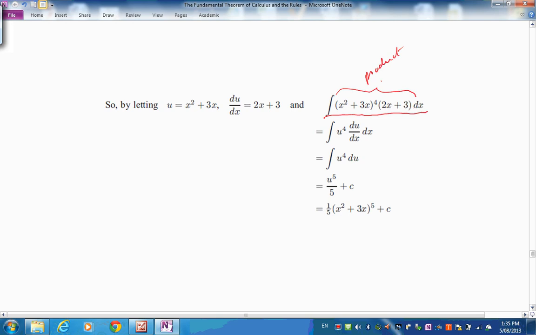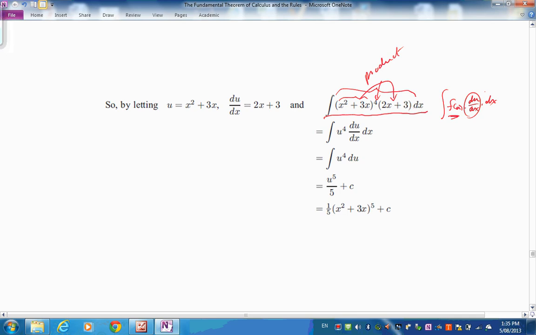Oh, but it's a function of function, isn't it? There's a function done on this little function, and what do you notice? This little function's derivative is there. So it is of the form, the integral of f of u du by dx with respect to x. We have a function and its derivative is present. That looks as if the chain rule has been applied.